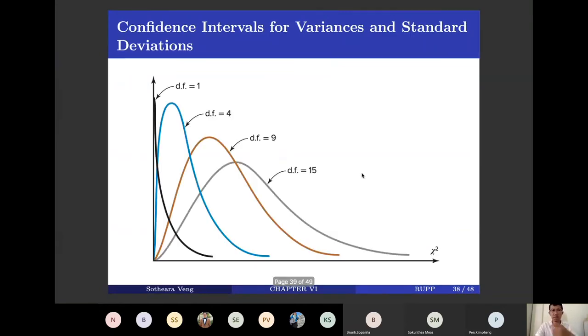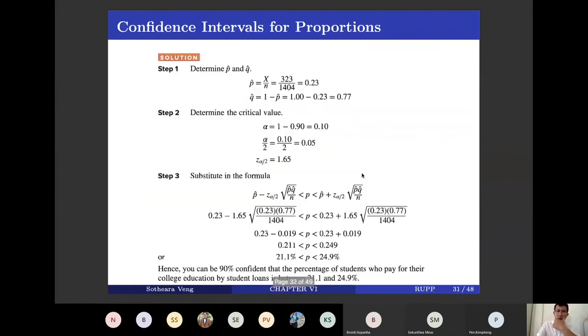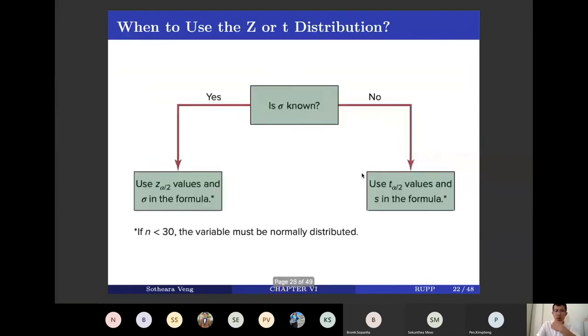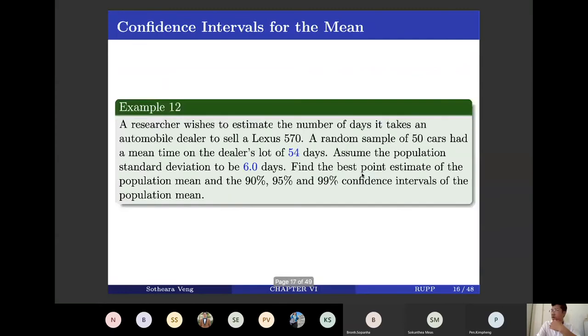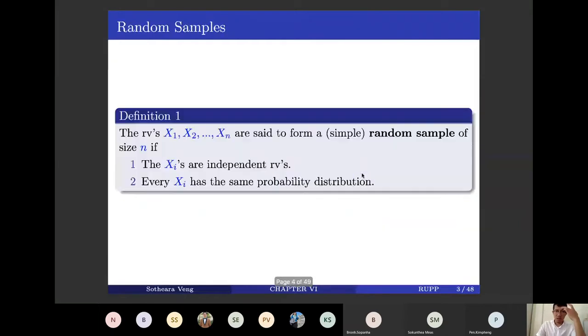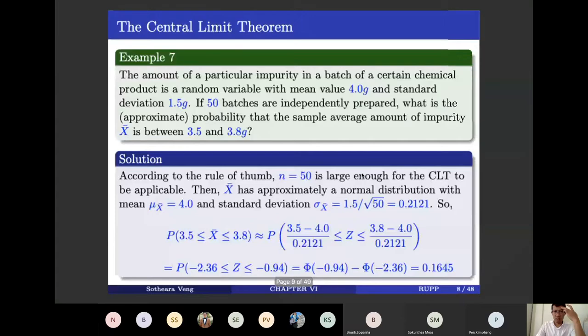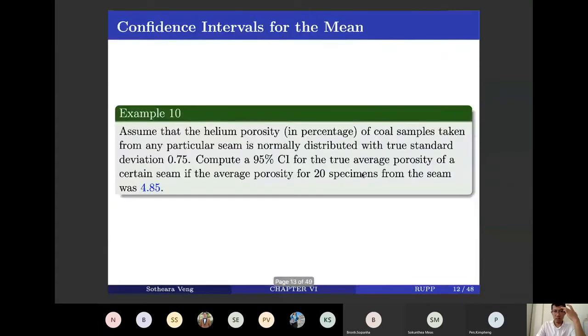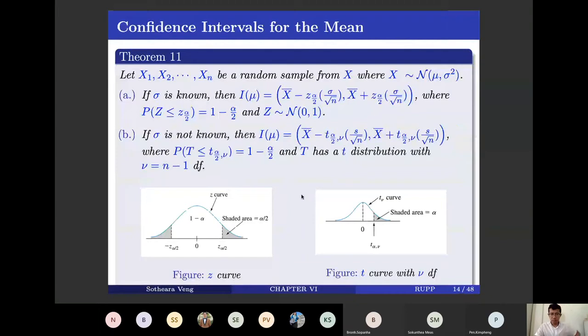Just like for the case of the standard normal curve or the t. This corresponds to the standard normal curve, the z curve, and the distribution is z.